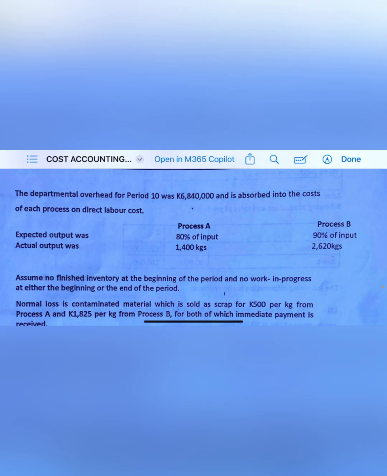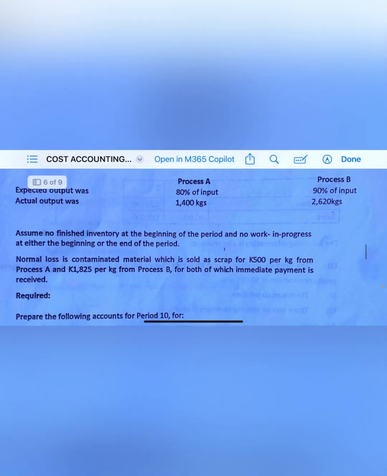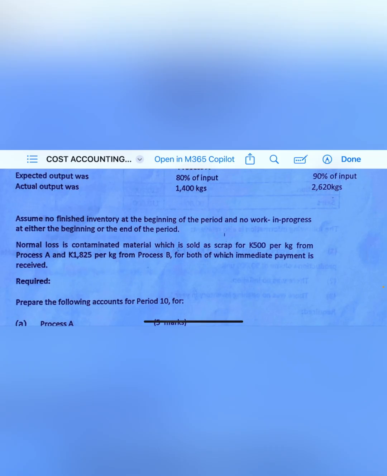Then for process B, the expected output is 90% of the input, meaning normal loss is just 10%, because 100 minus 90, you are remaining with 10%. Actual output we have been given for process B. Okay, the question continues by saying, assume no finished inventory at the beginning of the period and no work in progress at either the beginning or the end of the period.